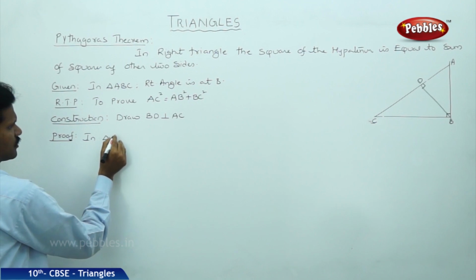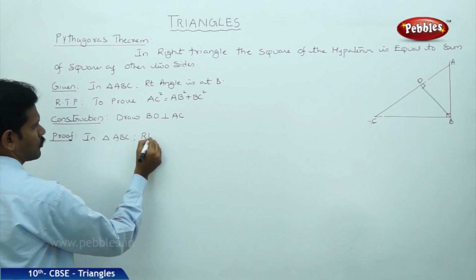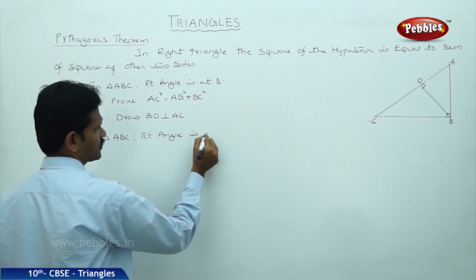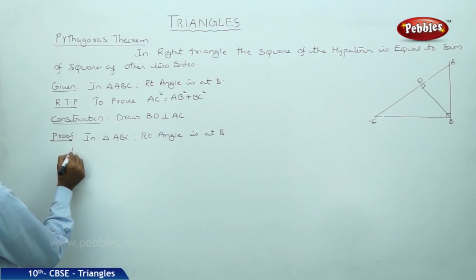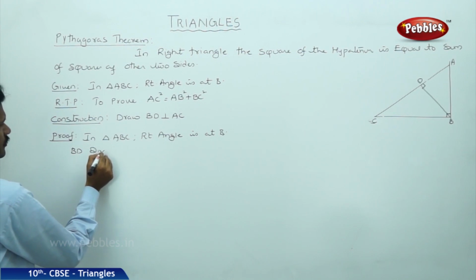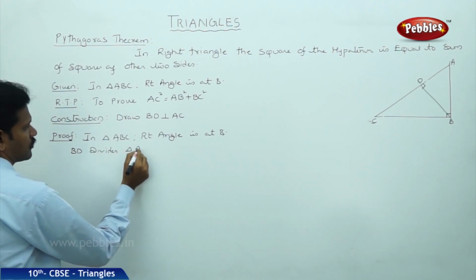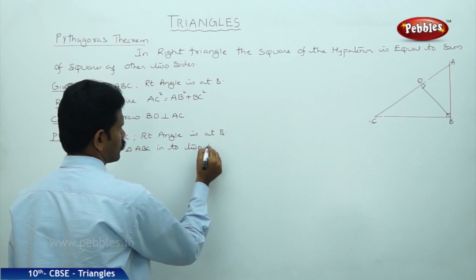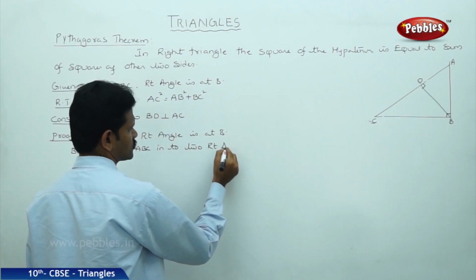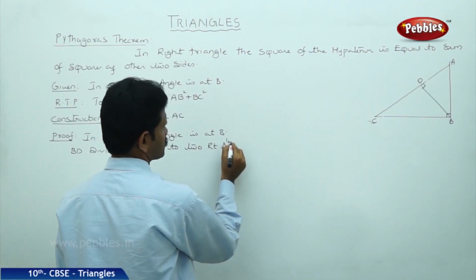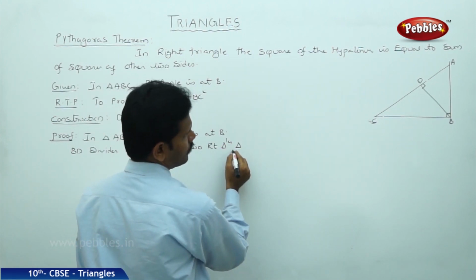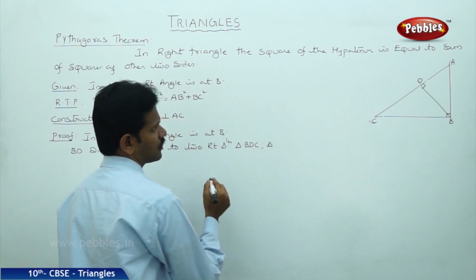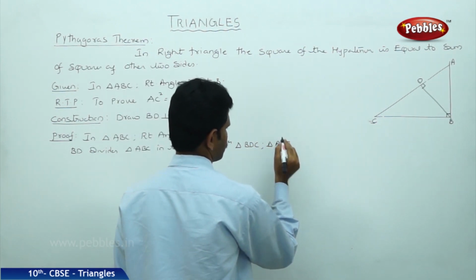In triangle ABC, right angle is at B. BD divides triangle ABC into two right triangles, triangle BDC and triangle ADB.